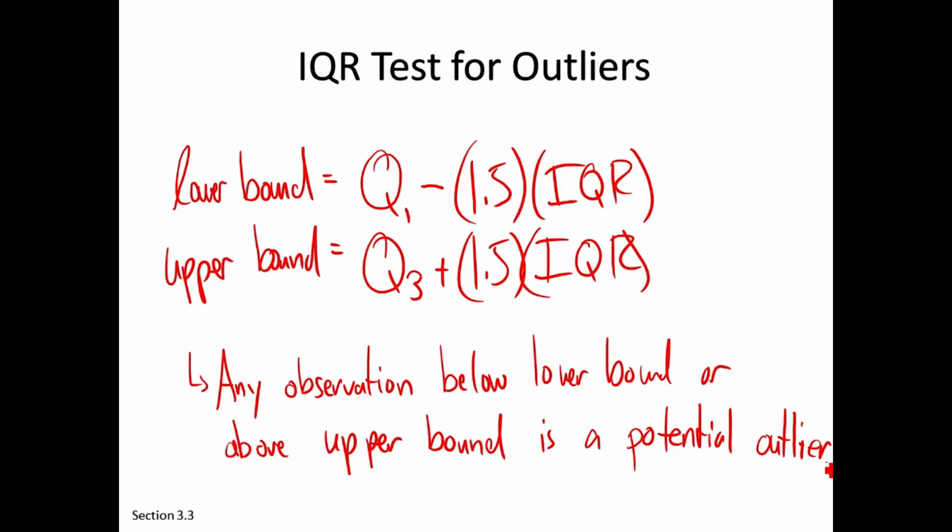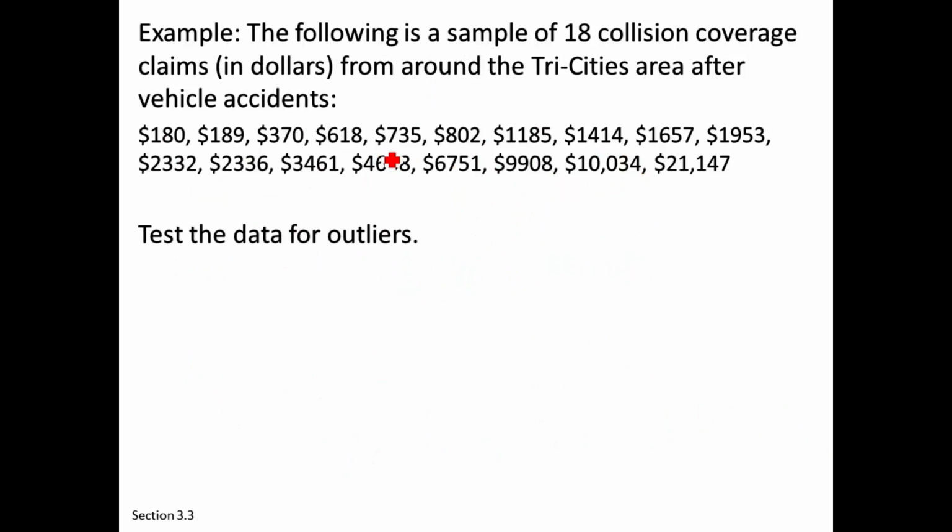So, last thing, let's do it for our data, because we already have all these numbers for our car claims. We want to get our bounds. To get our lower bound, we go from Q1 and subtract 1.5 IQRs.